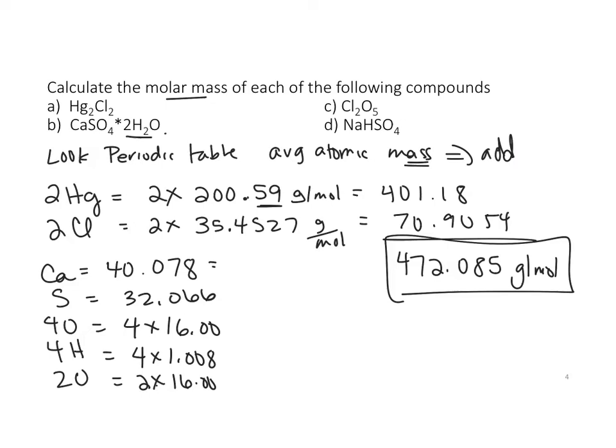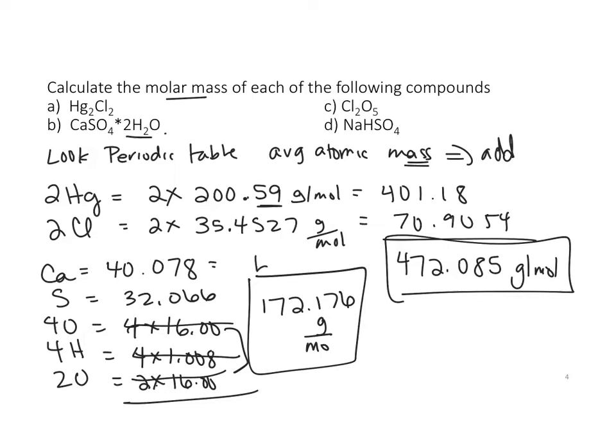All right, and then we're going to sum all these up. I'm going to put these together, so I'm going to say 6 times 16 takes care of my oxygen, plus parentheses 4 times 1.008, that takes care of hydrogen, plus 32.066, plus 40.078. That gives me 172.176 grams per mole. And that's for B.